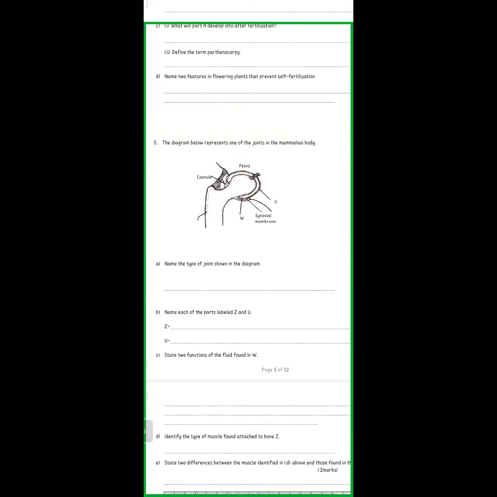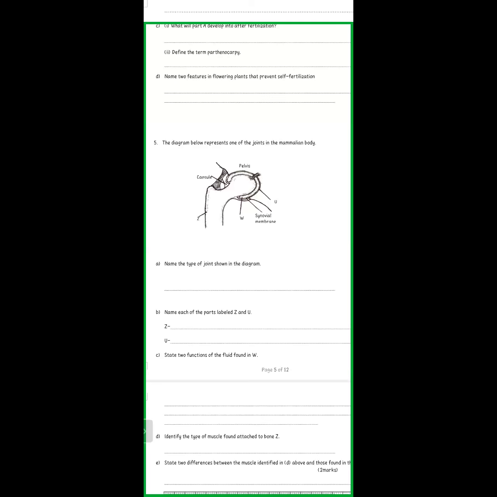And of course, on top of that synovial membrane, we always have a cartilage that prevents shock or friction also. So part U, why is it not acetabulum?